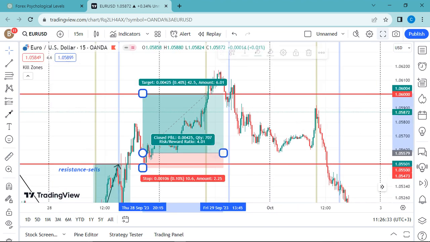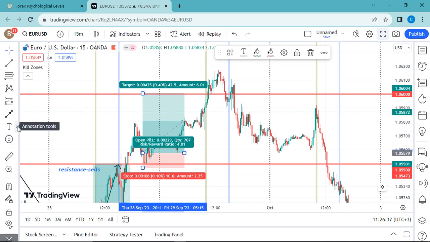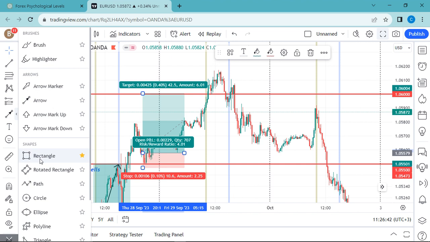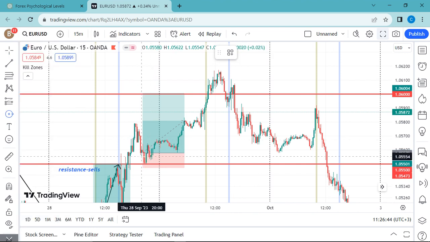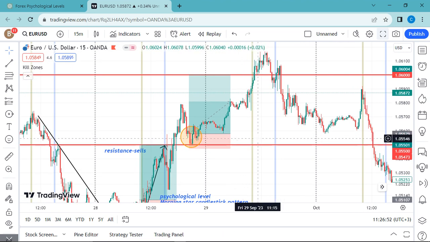So, this was another trade you could have taken. Let's just add it over here. This was another trade you could have taken over here to make a buy, because also this other line, it acted as support over here.